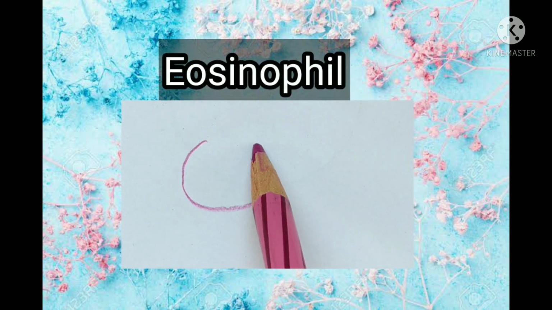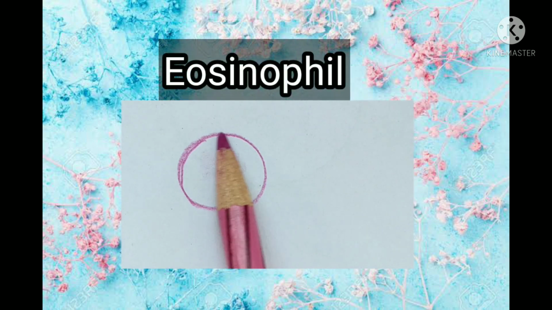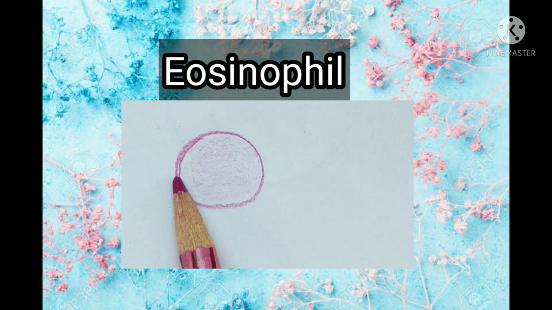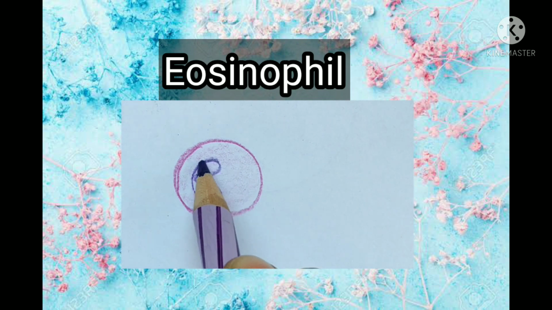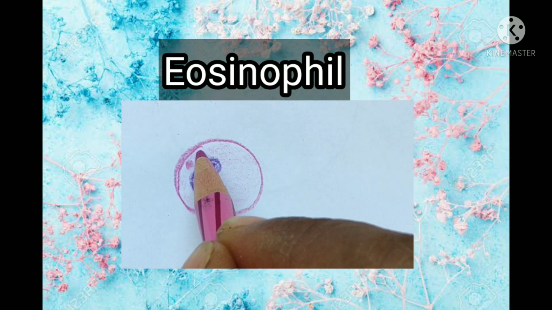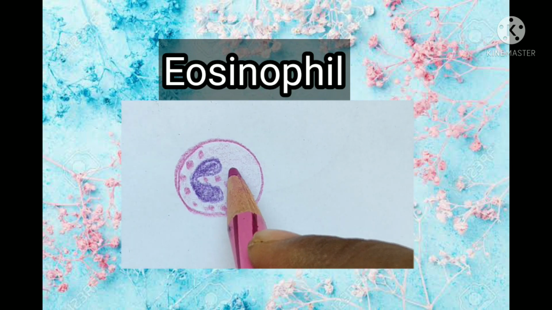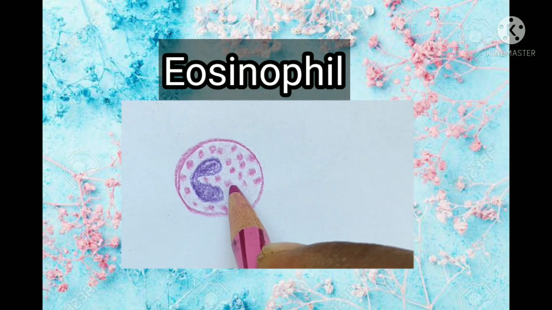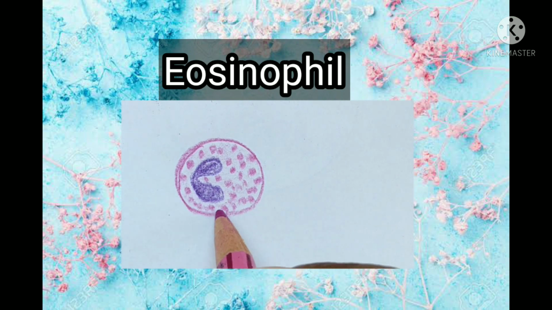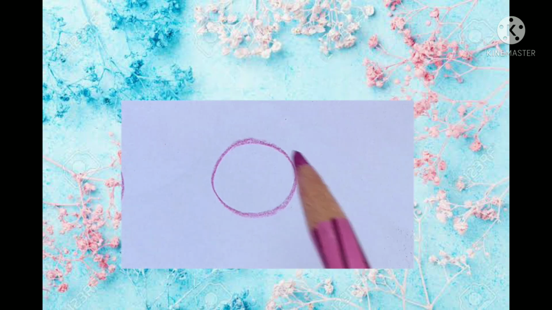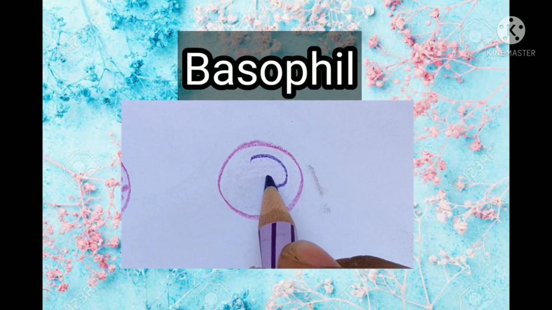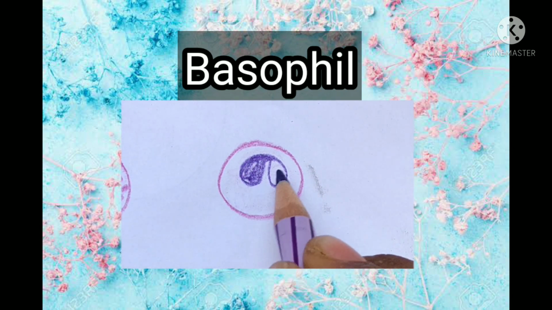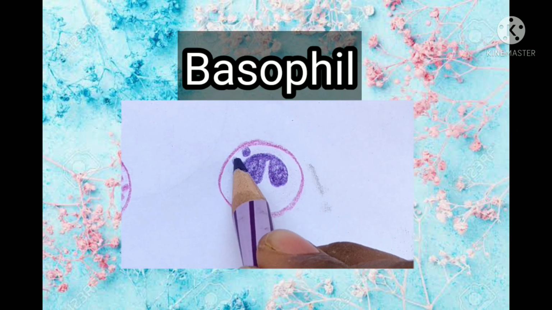The eosinophils have a bilobed nucleus and the cytoplasm is filled with dense eosinophilic granules. The basophils also have a bilobed nucleus and their cytoplasm is filled with basophilic granules.